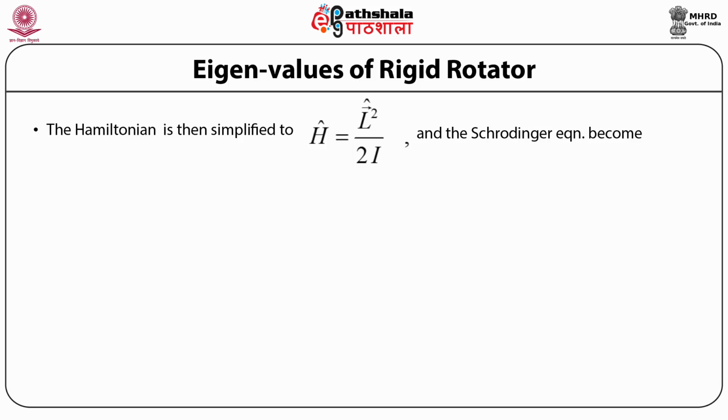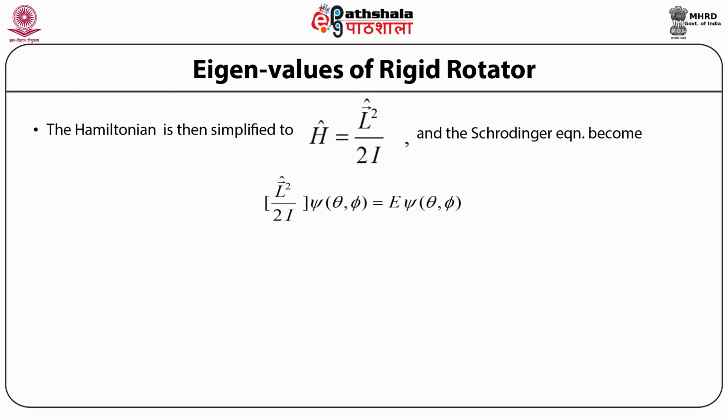and the corresponding Schrodinger equation can be given as operator L square by 2I times psi theta phi is equal to E times psi theta phi, where operator L square by 2I is the operator, psi theta phi are the corresponding eigenfunctions, and E are the corresponding energy eigenvalues.